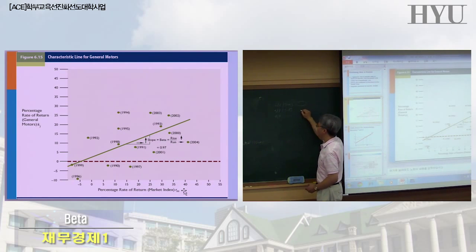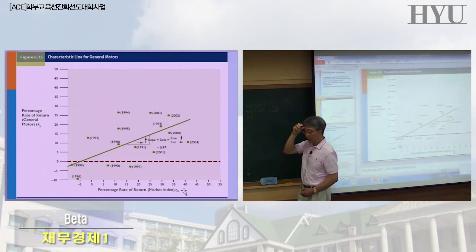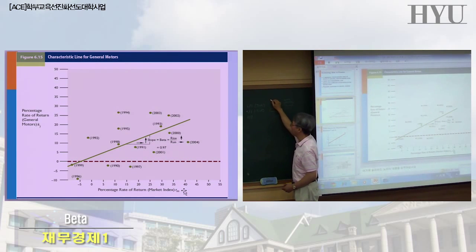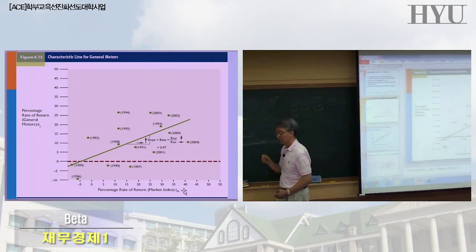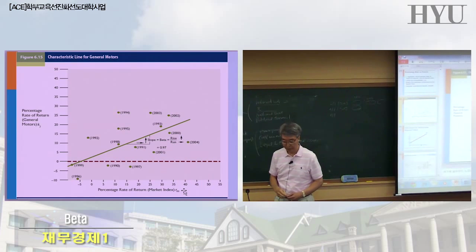This number minus this number divided by this number, right? And that's going to be the return, AT&T return, monthly return, right? You can do the same thing with the S&P 500, right? So you find the S&P 500 index number as of June 1st, May 1st, April 1st, right? And you do the same thing, right? Then you can calculate the rate of return on the market index, okay?